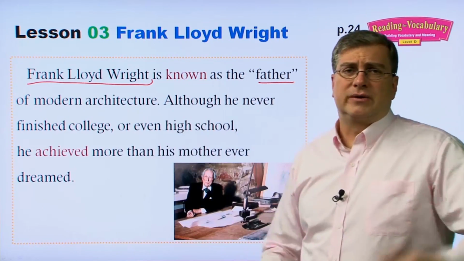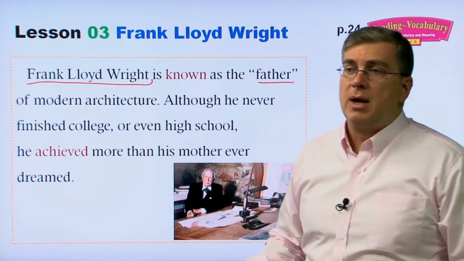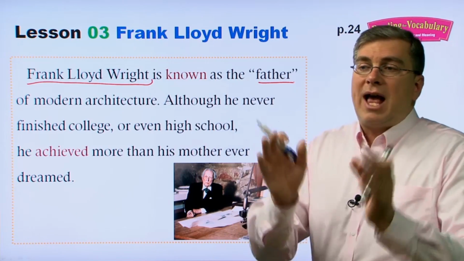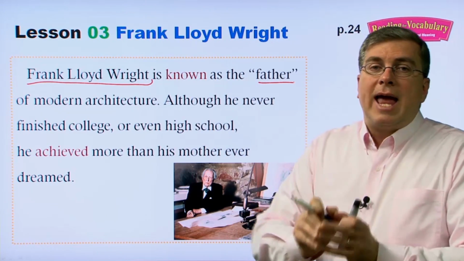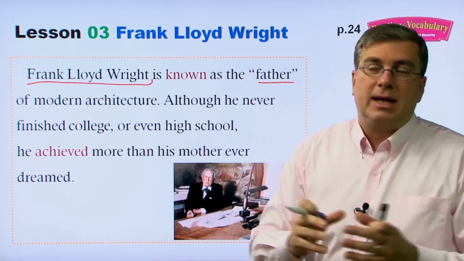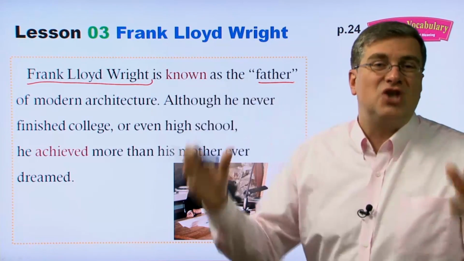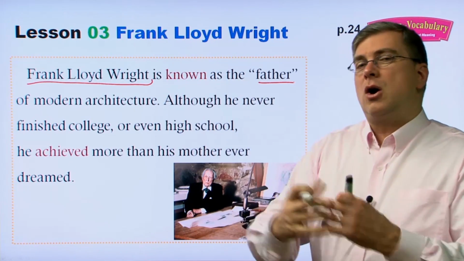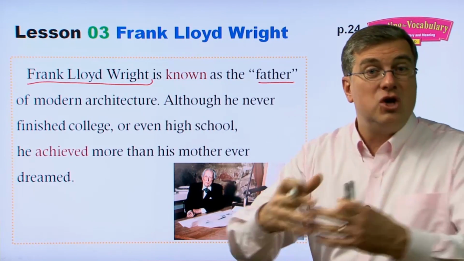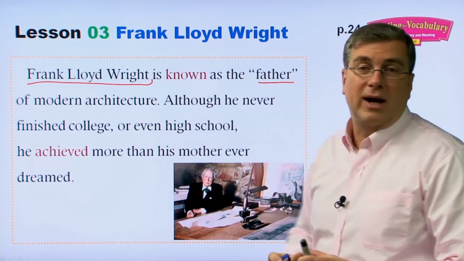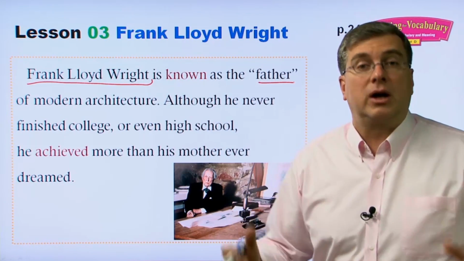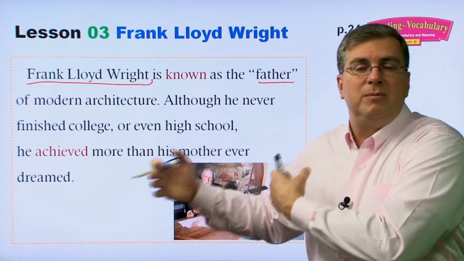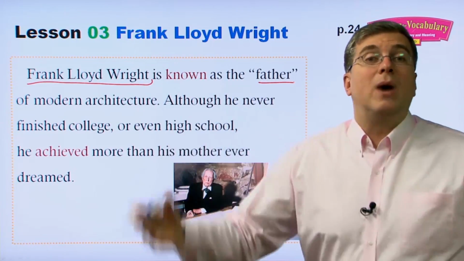Now, in different fields like painting, music, sculpture, a lot of especially creative fields, you have certain people who come along and their vision is very interesting and it changes the old traditional ways of doing things. And we can call those people the fathers of a new movement. Now, this is what Frank Lloyd Wright was to architecture. He didn't copy exactly what people did before him. He came up with new ideas.